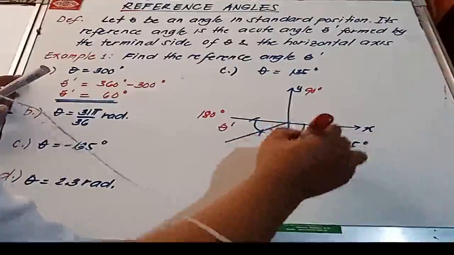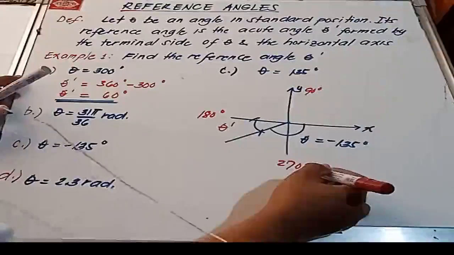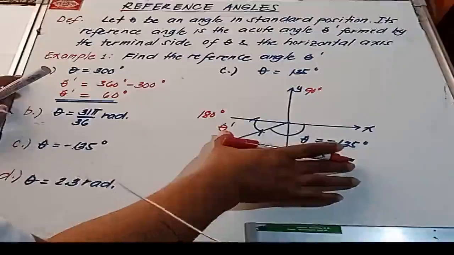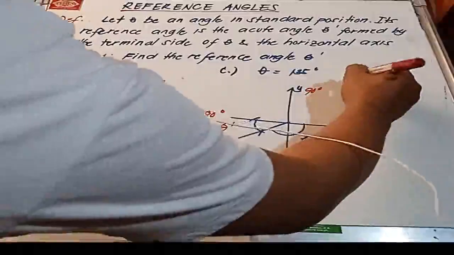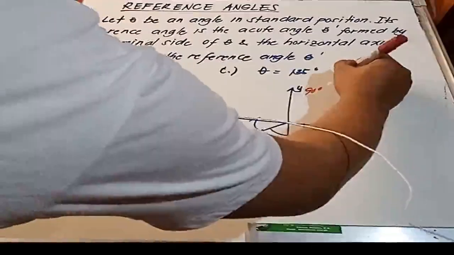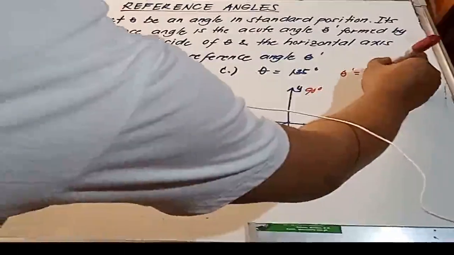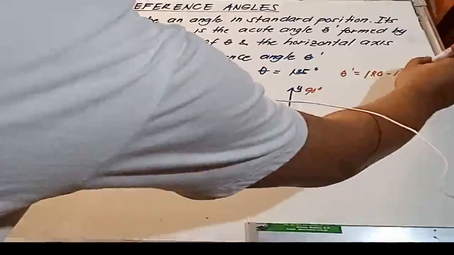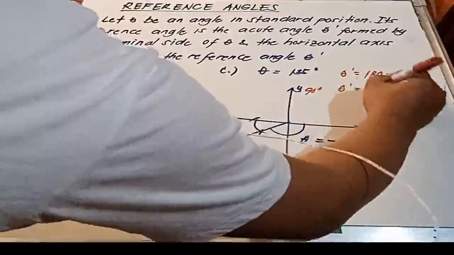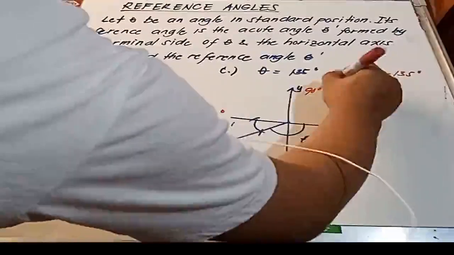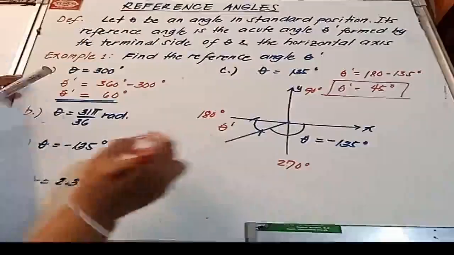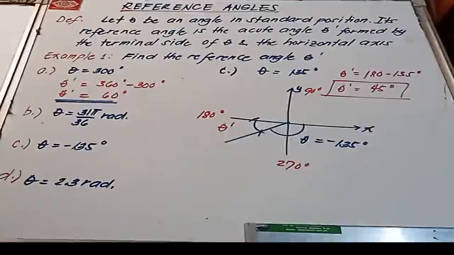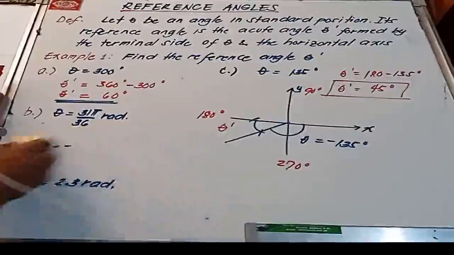Now, that will be just the difference of these two, 180 minus 135 degrees. Therefore, theta prime or reference angle is 180 minus 135 degrees, or theta prime equals 45 degrees. Okay? So that is the answer in letter C.